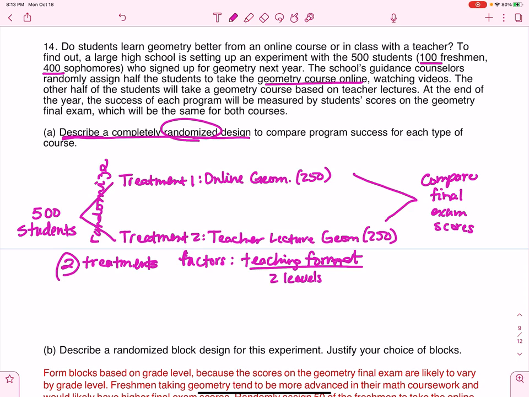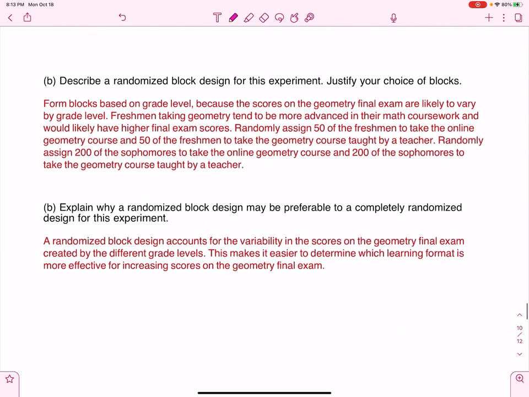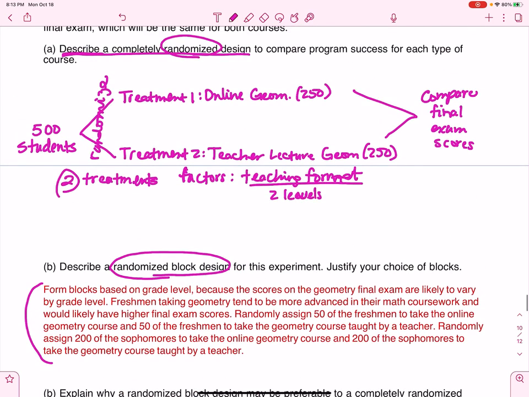Okay, so on part B, we're asked to describe a randomized block design for this experiment. Justify your choice of blocks. Now, you can write it out in paragraph form, just like I've done here, or you can use the same type of system I used up here.